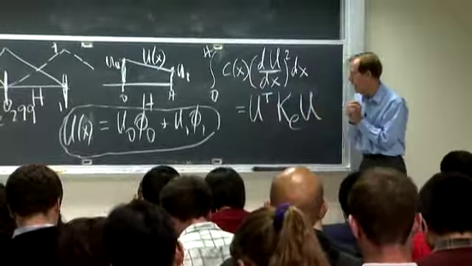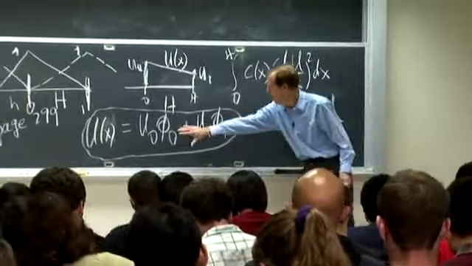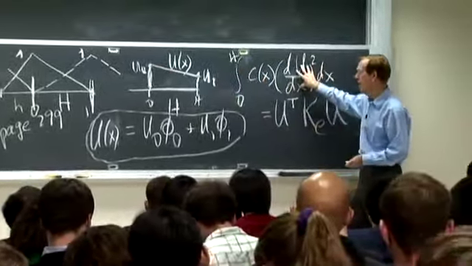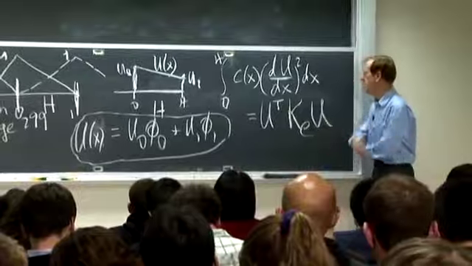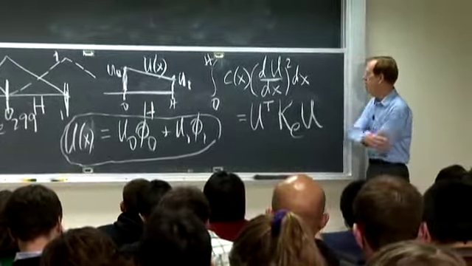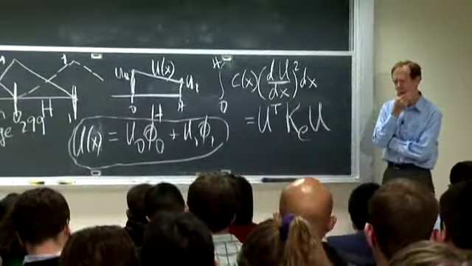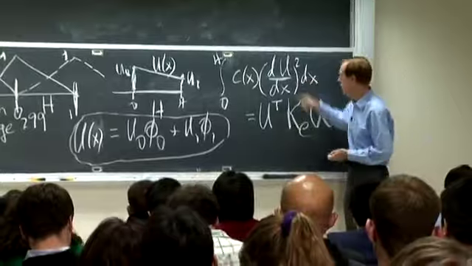So what's my plan? Here's my function, there's its picture. I'm just going to plug it into here. Oh, it's going to be simple, isn't it? What's the slope of that function in that element, on that interval? What's du dx?